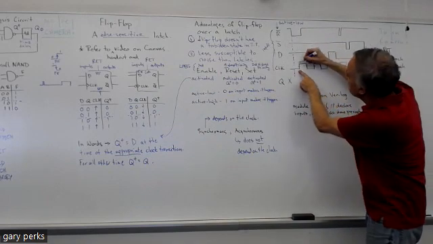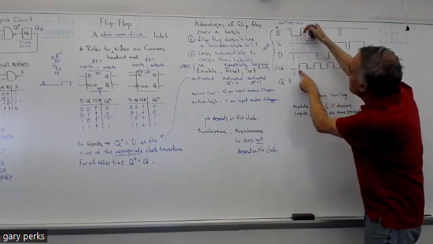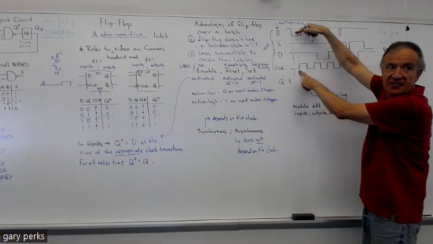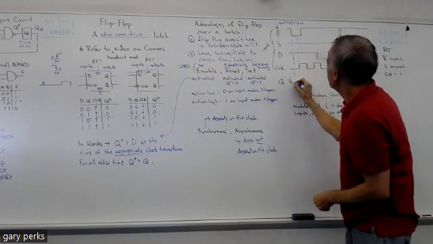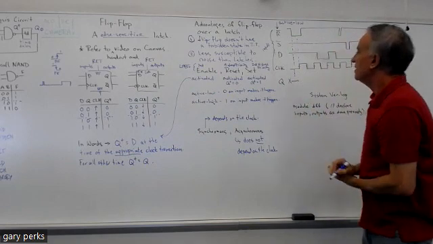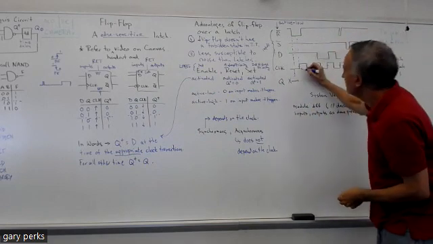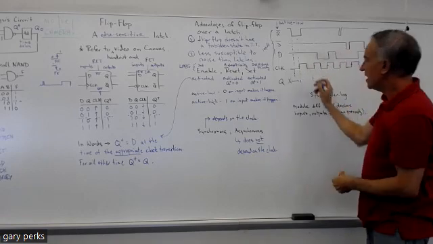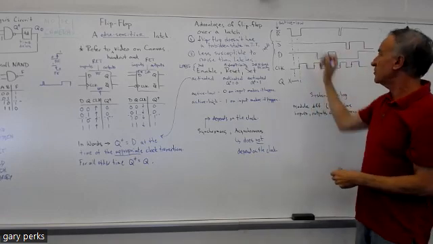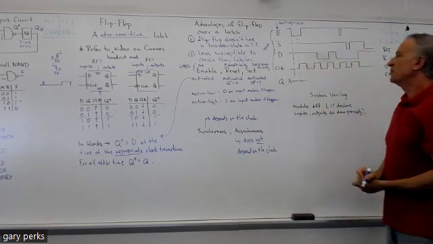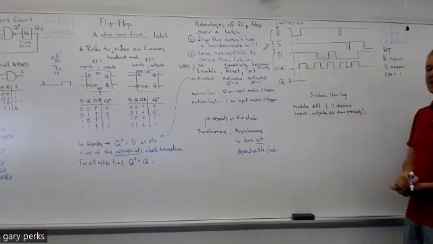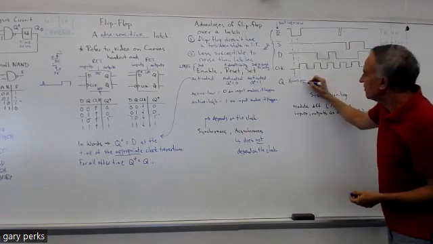See, because this clock transition happens at a time also when the active low reset is 0. So Q is going to stay in X, right? It's going to stay that we don't know what it is until the time of this 0 to 1 transition of the clock when the active low reset is 0, and that will make Q equal to 0. Okay, so this is a 0 right here.